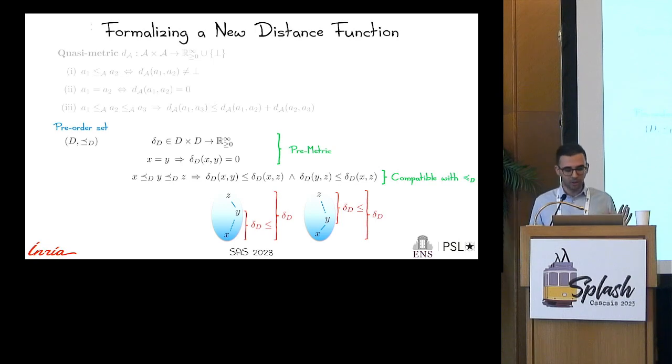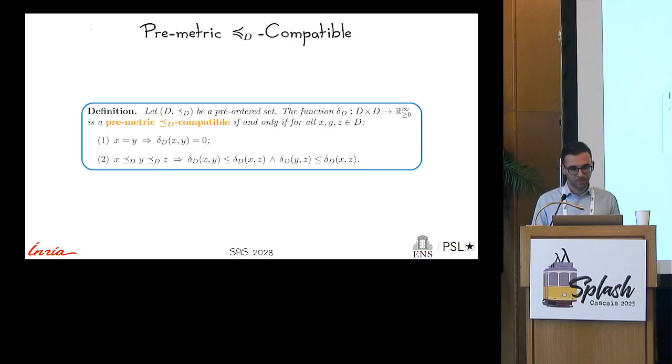This is the only requirement that we ask for respecting the ordering. So when a distance function satisfies these two axioms, then we say that this is a pre-metric compatible with the preorder relation of our domain.